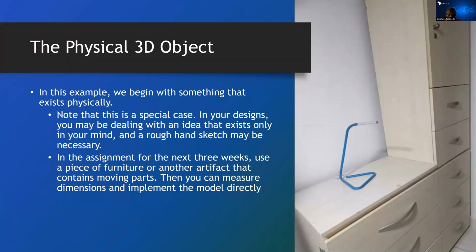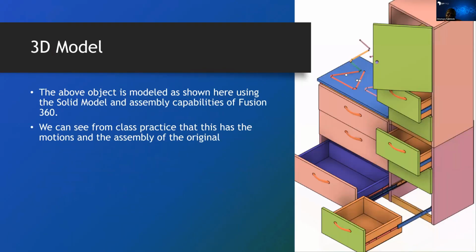Now, this is my 3D solid model of that same drawer. So this is a drawing in 3D of that same drawer. So can you see more stuff now? Can you see, for instance, the slider that holds the drawer to the body of the drawer cabinet itself? Can you see that?